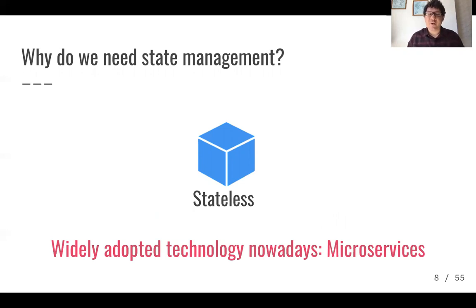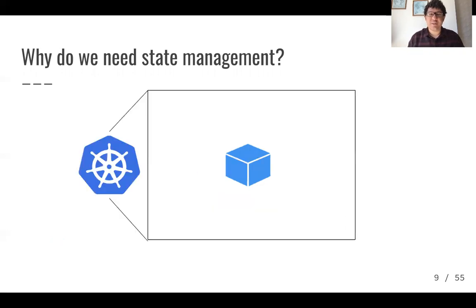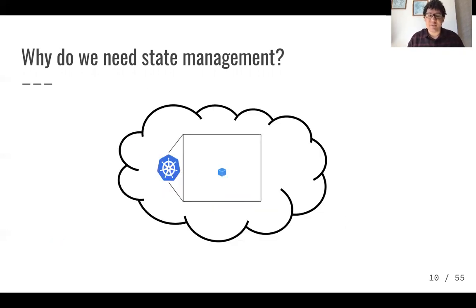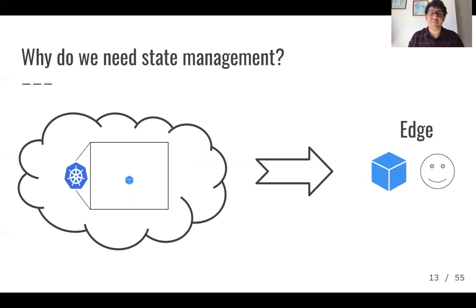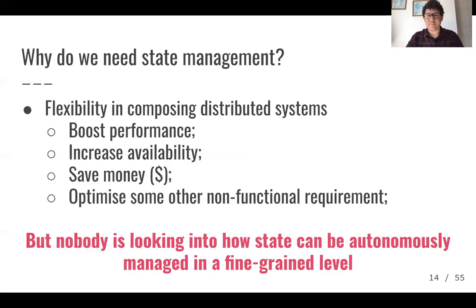So now we're free to use all of that cool technology to create a very adaptive environment. For example, we can take our container, deploy it to a cloud provider and do horizontal scaling, like so. We can also place our container in a different geographic location or change the cloud provider to save some money, or we can even push our container towards the edge to reduce latency and boost performance.